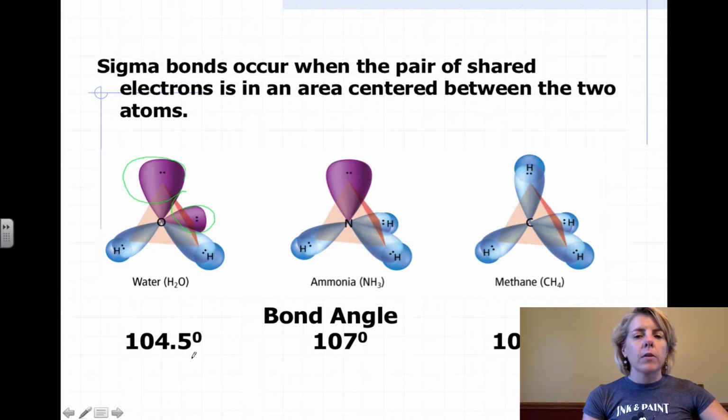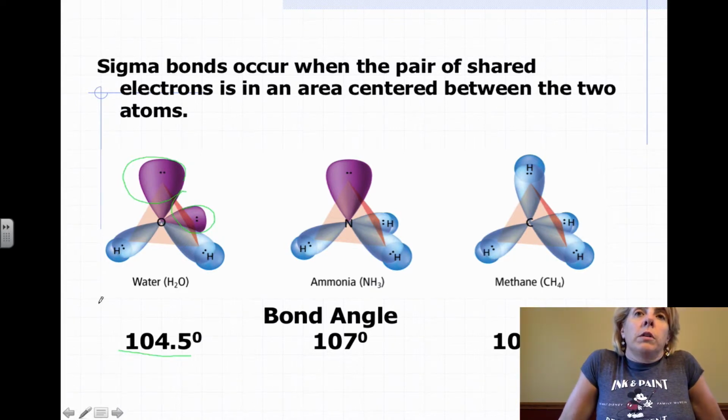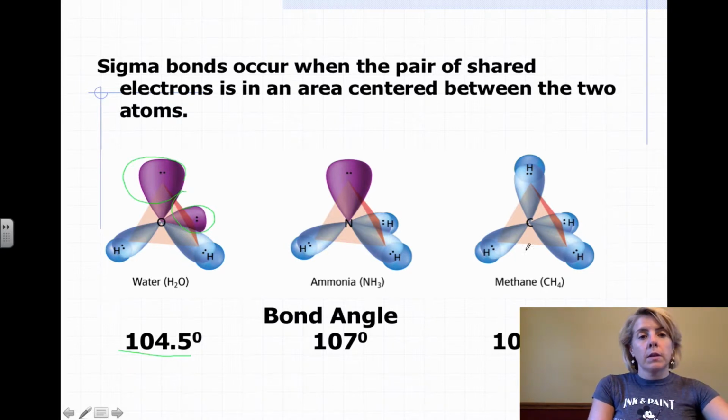Notice that the angle is the smallest. And because there are 2 lone pairs of electrons, they actually push the hydrogen bonds down further, creating a very small bond angle. Now, where we have 1 lone pair, notice that the bond angle actually increases.